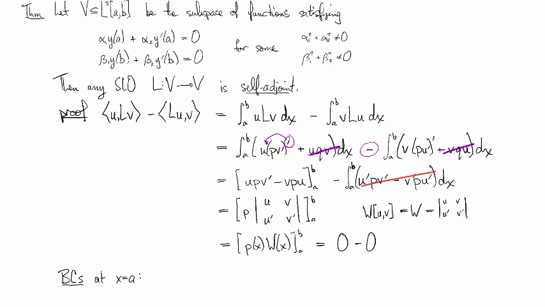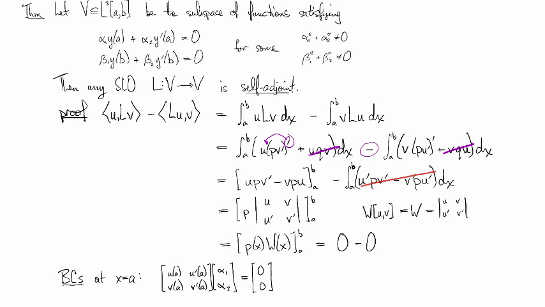We're looking at the matrix with u(a), u prime(a), v(a), v prime(a), multiplied by alpha 1, alpha 2. That's how our boundary conditions are set up: those two linear combinations should be equal to 0.